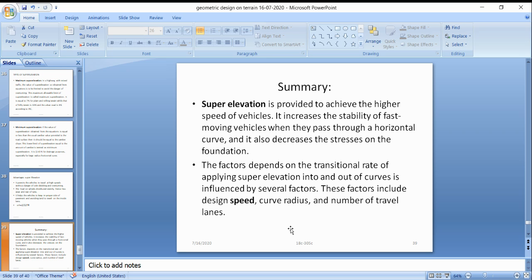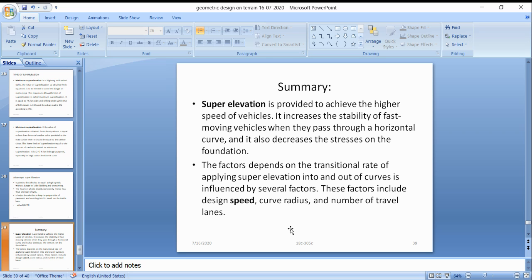Super elevation is provided to achieve higher speed of vehicles. It increases the stability of a moving vehicle when it passes through a horizontal curve. It also decreases the stress on the foundation, because if the vehicle speed is more and the load of the vehicle is not distributed, there is more burden on the foundation.